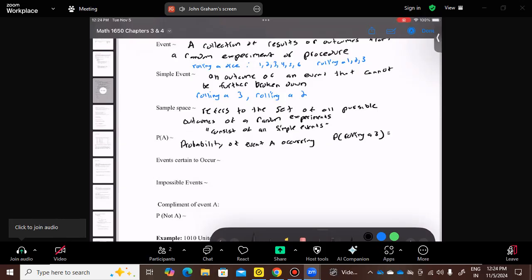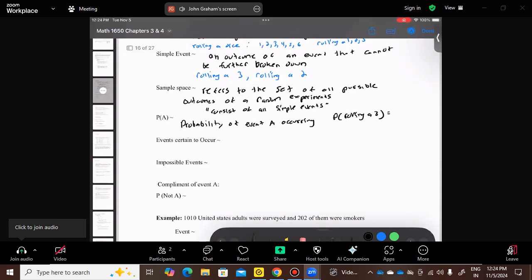Events that are certain to occur: the probability of a certain event is going to be equal to 1 or 100%. Impossible events have probability equal to 0 or 0%.